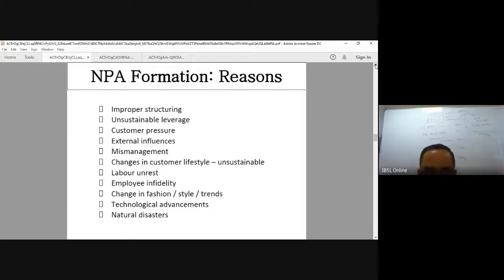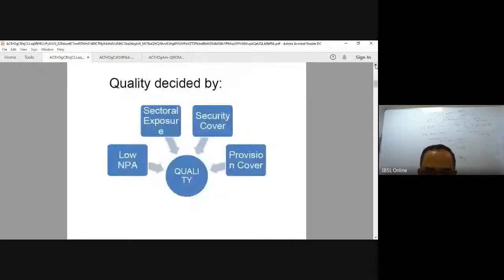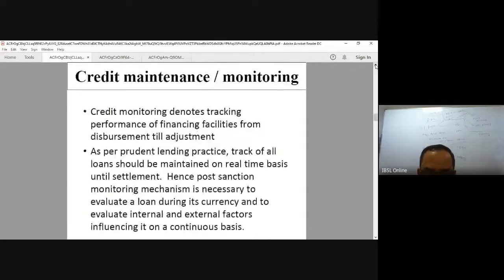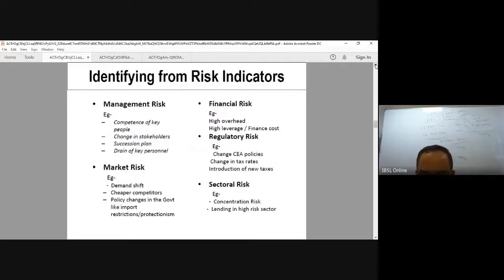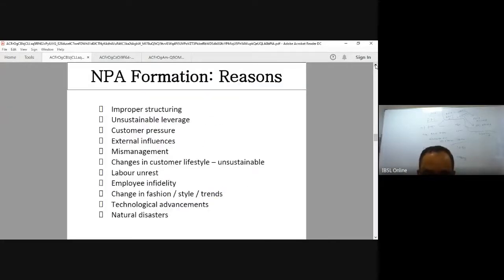Up to this point, what we looked at, starting from your credit quality to the warning signals, your credit monitoring, what are the risk indicators you have to be aware of as a lending officer, and how do you identify and manage the risk periodically, what are the areas, what are the things you have to look at, all that, and how NPA is formed, right?